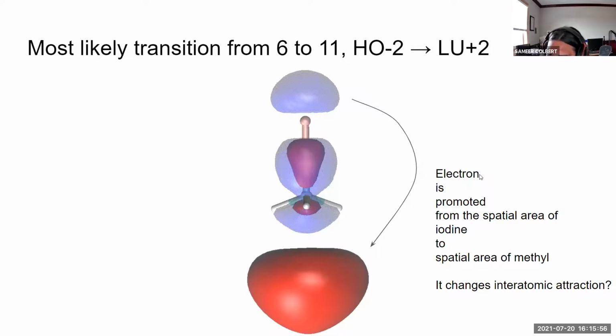And we will try to look at if it changes interatomic attraction. So if an electron is promoted from the iodine area to the methyl area, then iodine will become positively charged? Yes, because there would be basically one less electron in that area.